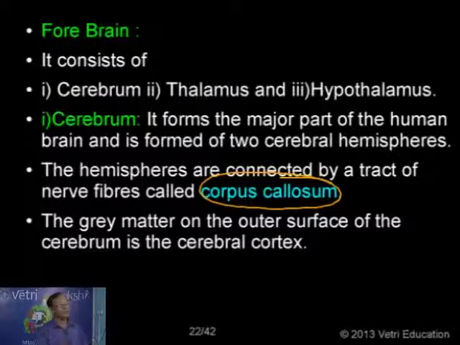The inner region, the medulla, is formed of white matter. So the gray matter on the outer surface of the cerebrum is the cerebral cortex. The gray color is because of the presence of one type of neuron, namely non-medullated neurons.